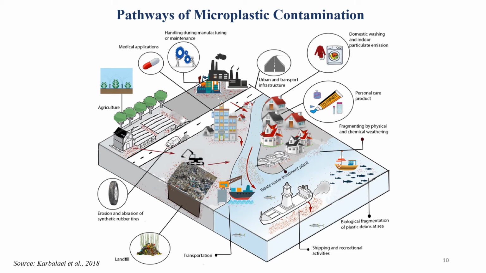It can happen due to handling during manufacturing and maintenance of plastic products, from urban transport infrastructures, from domestic washing and indoor particulate emissions, from personal care products that use microbeads, from fragmentation by physical and chemical weathering of plastic waste, from wastewater treatment plants, from biological fragmentation of plastic debris inside the seas, from shipping and recreational activities, from transportation, from landfills, through erosion and abrasion of synthetic rubber tires, from agricultural applications as well as medical applications, and numerous other spheres wherever plastics are used. And nowadays, plastic is used almost everywhere.